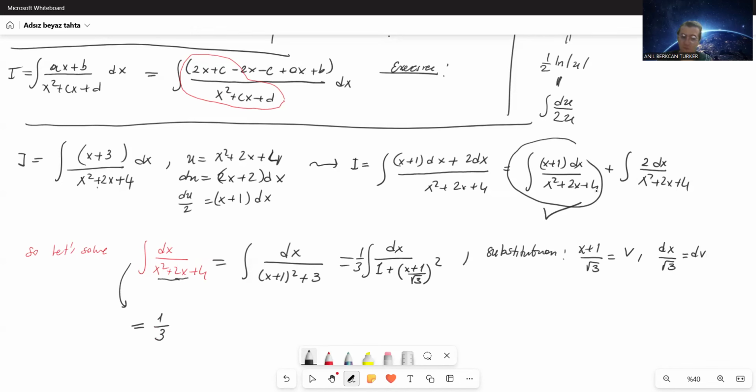1 over 3, okay. So instead of dx, I'm going to put square root of 3 dv over 1 plus v squared.